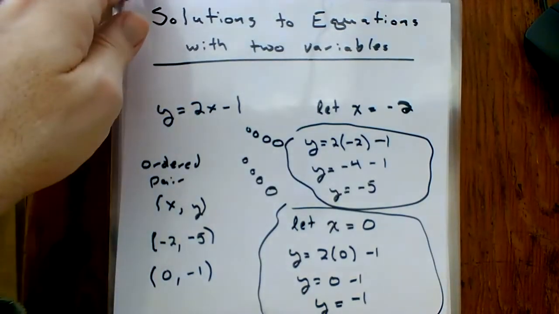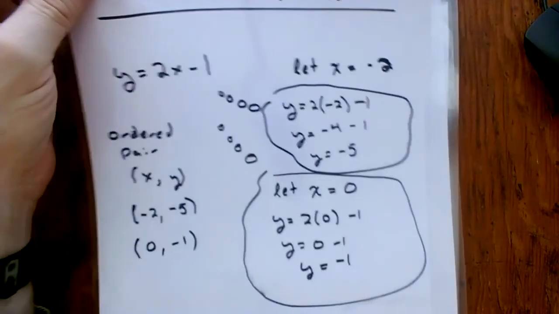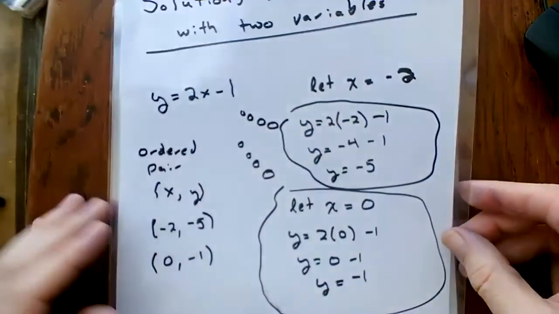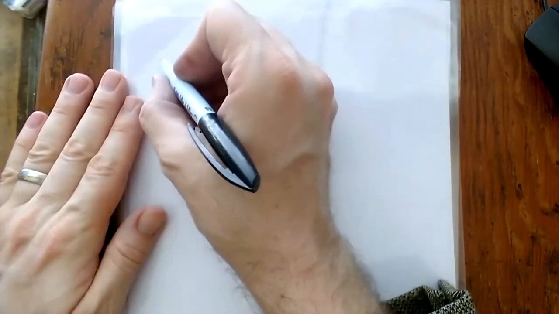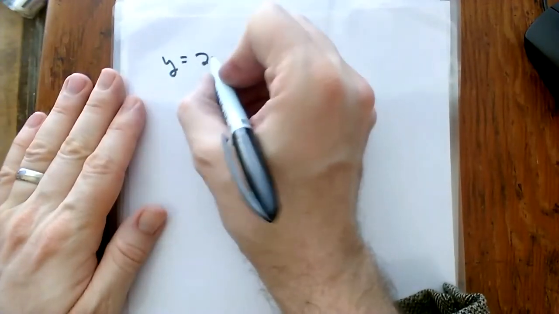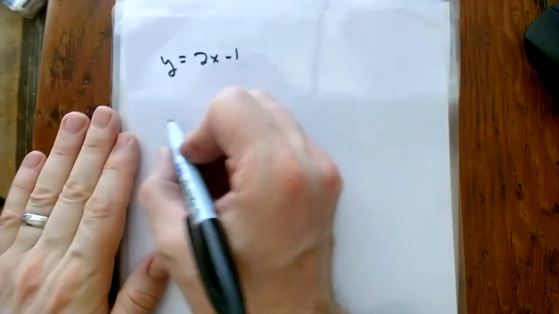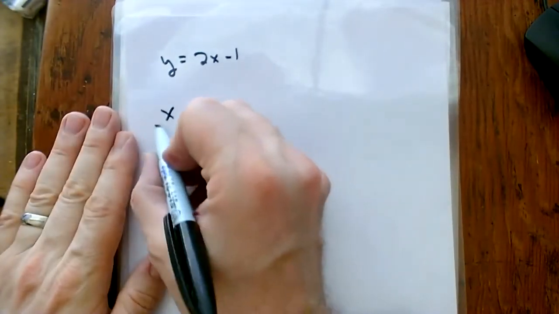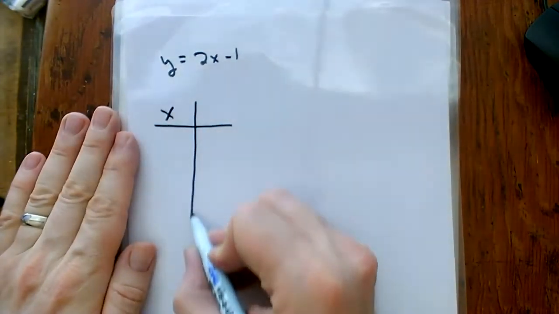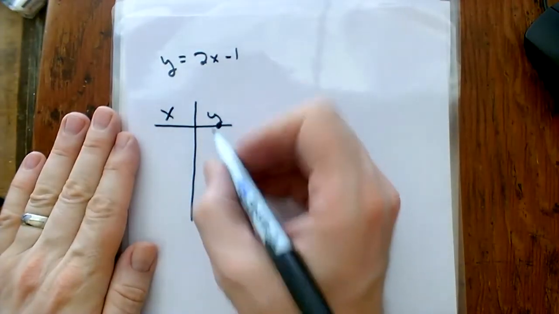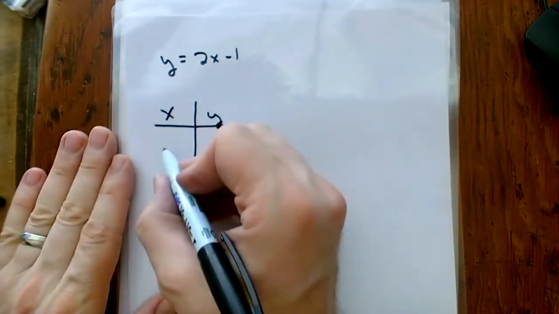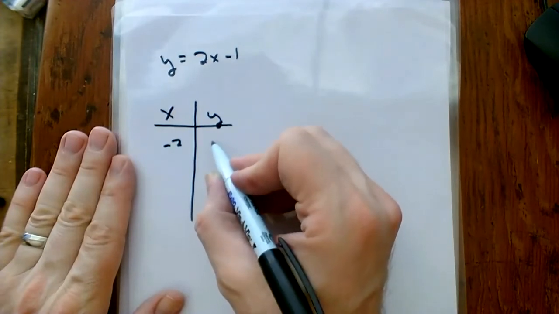Another way of writing this is in a table. If we set up a table, I'm going to stick with y is equal to 2x minus 1. We could also just make up a table of values. We've already tried -2, and we came up with a value of -5.